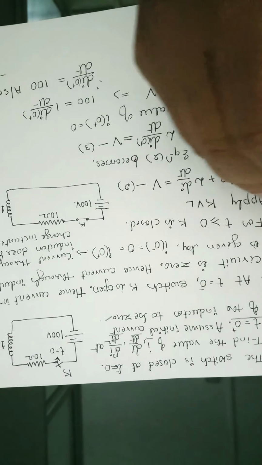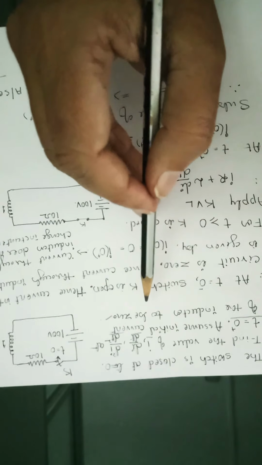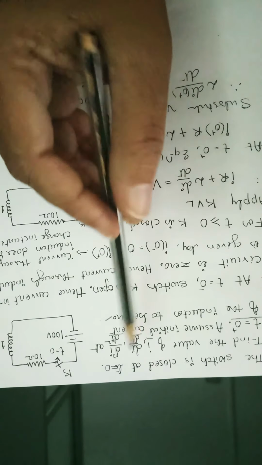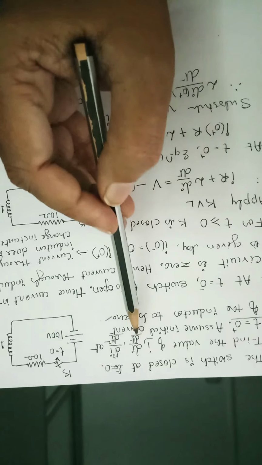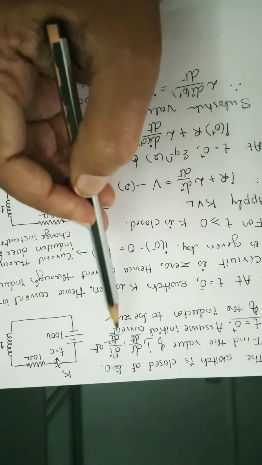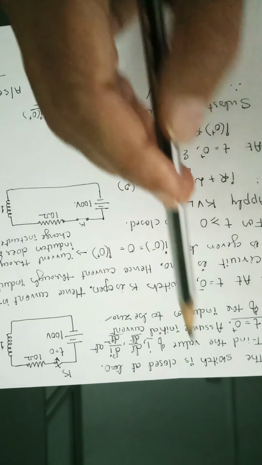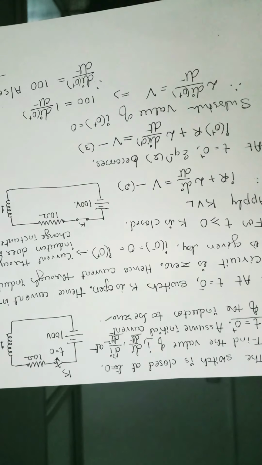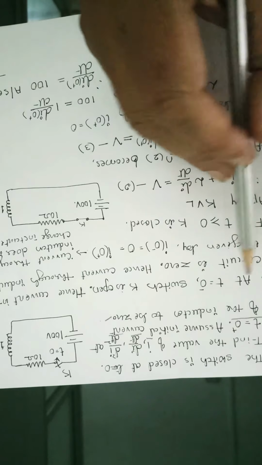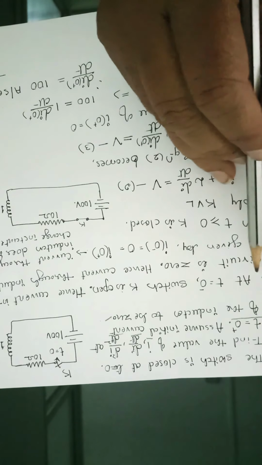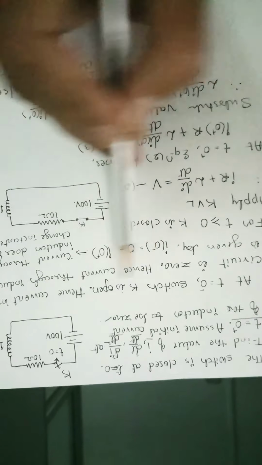Now we will analyze this circuit to evaluate di/dt and d²i/dt² at t equal to 0 plus. So now we'll move towards the solution of this problem.